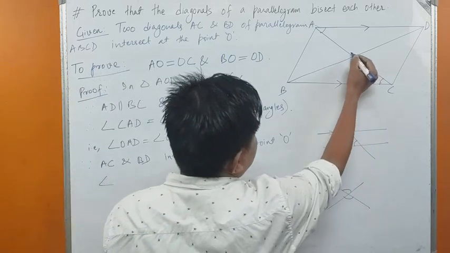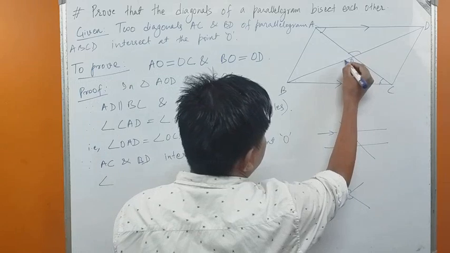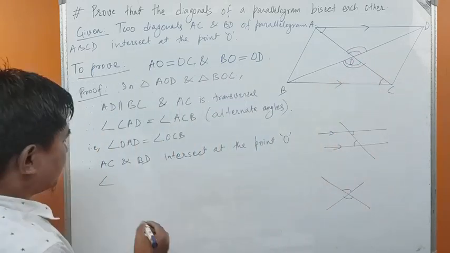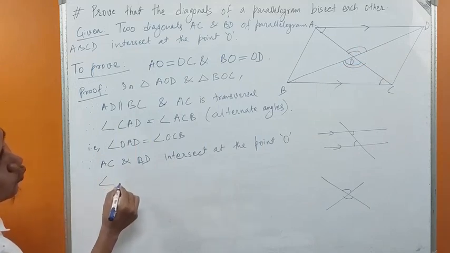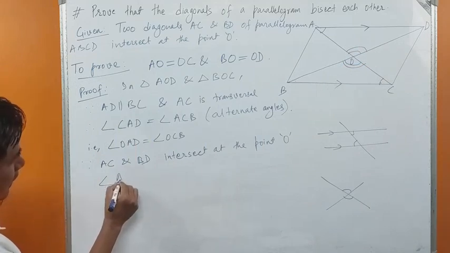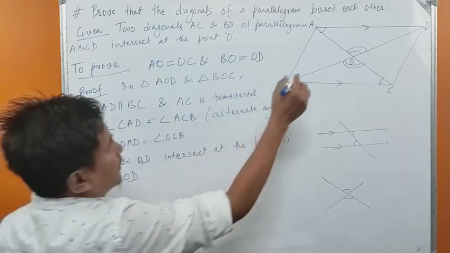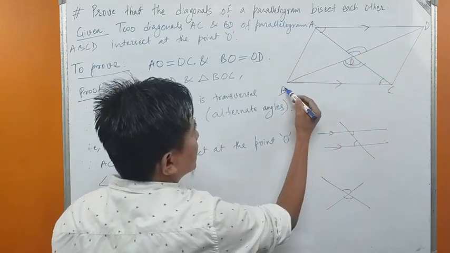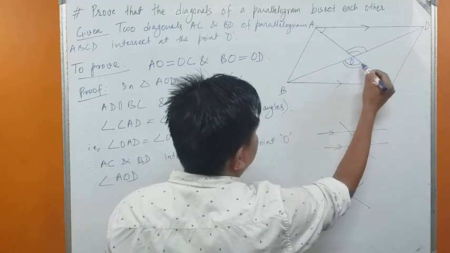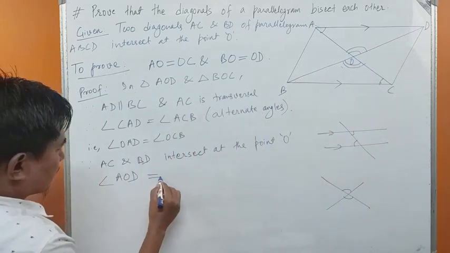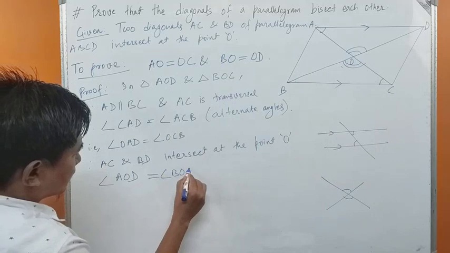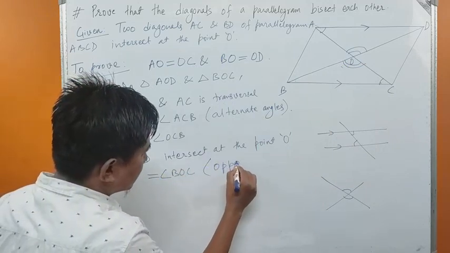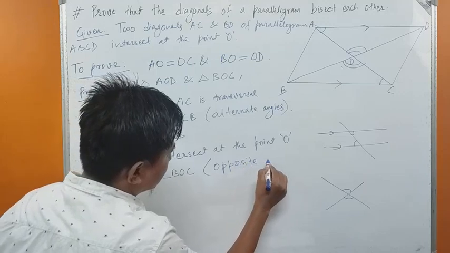So angle AOD, this angle, must be equal to angle BOC, this angle, isn't it? Equal to angle BOC, opposite angles, okay.